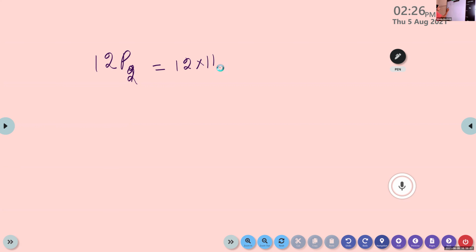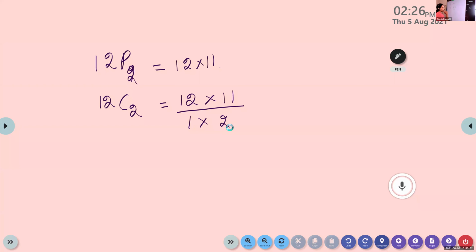Similarly, we can find one method for combination. How to evaluate 12C2? Look here, children. 12 into 11 by 1 into 2. From 12 onwards, I'm writing two numbers. For permutation, no 'by' is there.